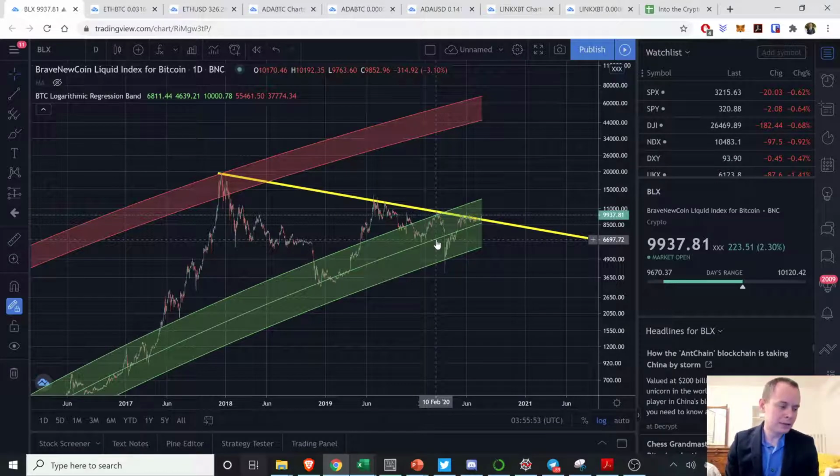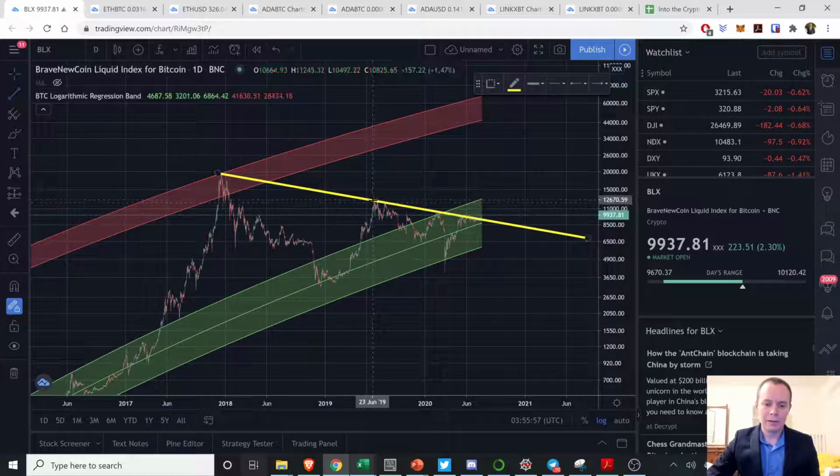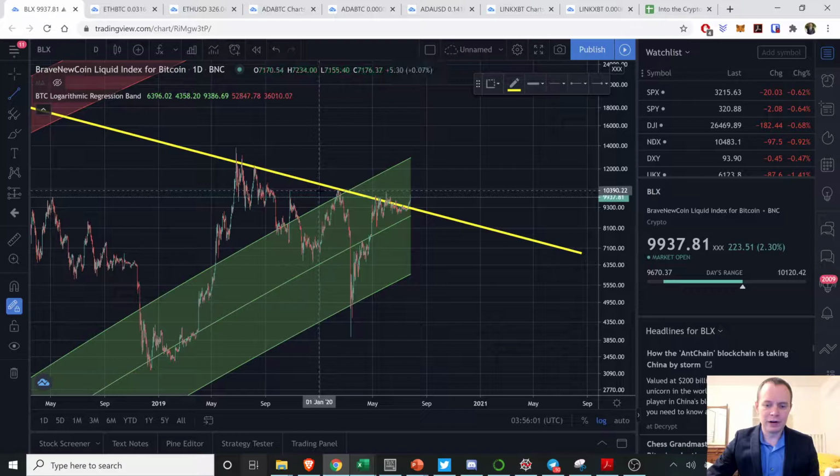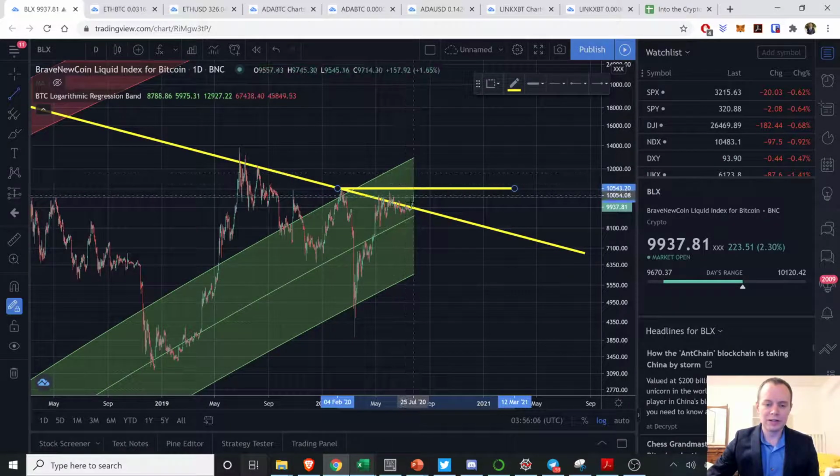Note that a lot of people are thinking of 10.5 as a resistance level, mainly because if you look at 10.5, that was where our last high was, our last local top. So people are going to be looking to this level as a potential resistance point.